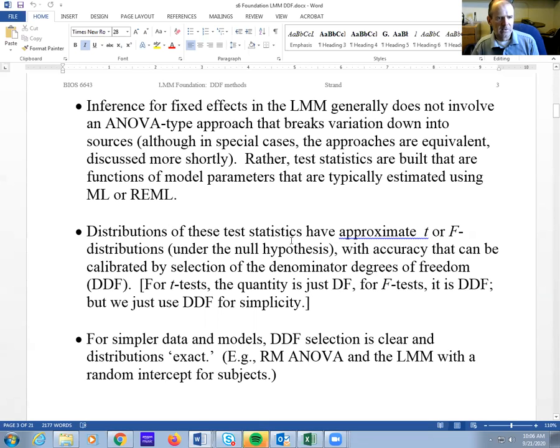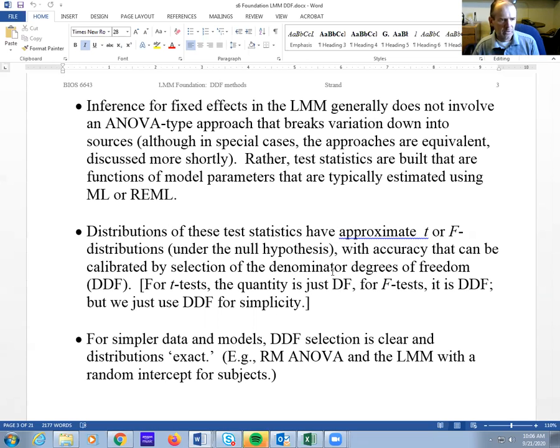These test statistics will have approximate T or F distributions, and we get the correct distribution by estimating the denominator degrees of freedom. Okay, so that's the approach for inference that we take for a linear mixed model.